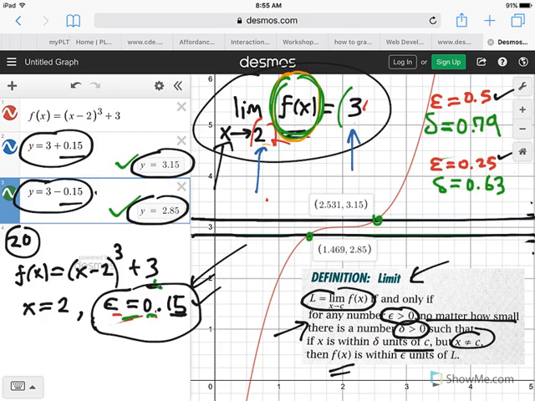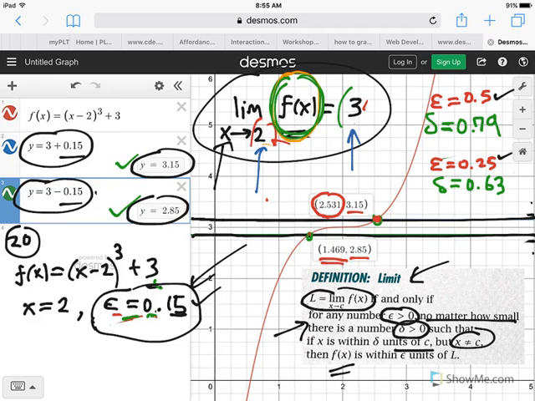So here is what we see. We have the x-coordinate of this point of intersection is 2.531. The y-coordinate is 3.15. And here, the x-coordinate of this point of intersection is 1.469. The y-coordinate is 2.85.